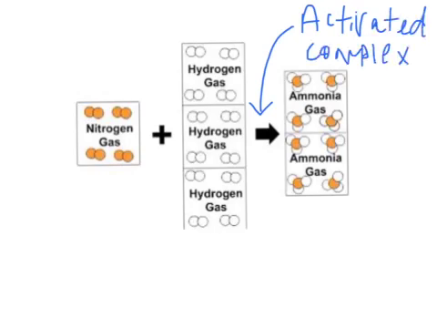It's an intermediate molecule that is very unstable. Because it's unstable, it will quickly produce the product ammonia gas.